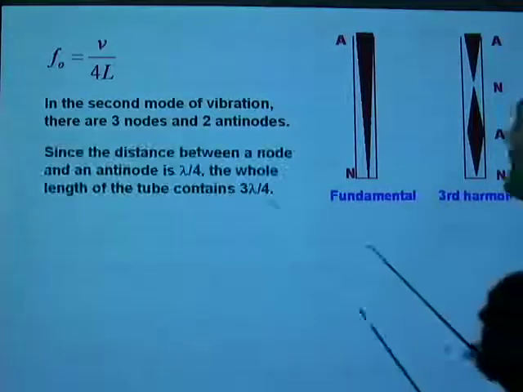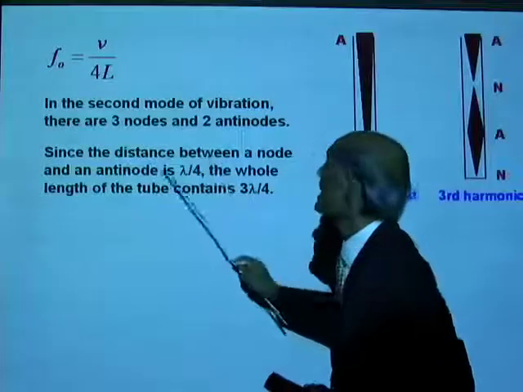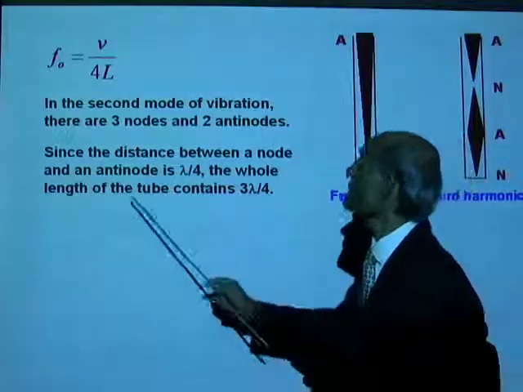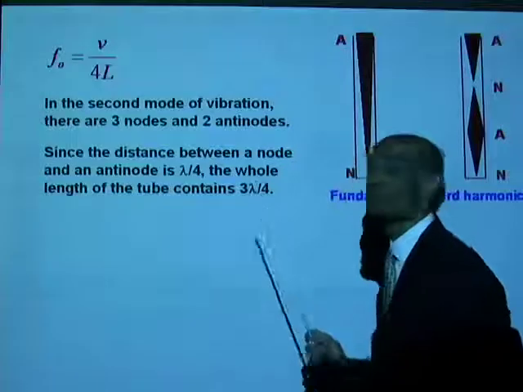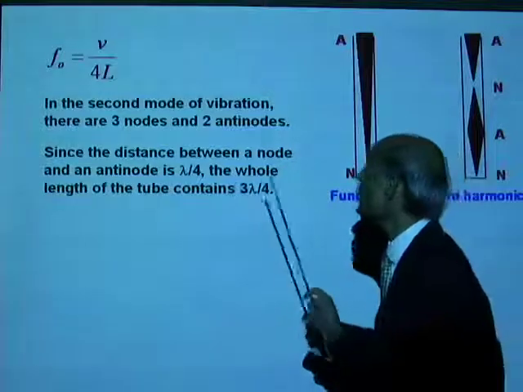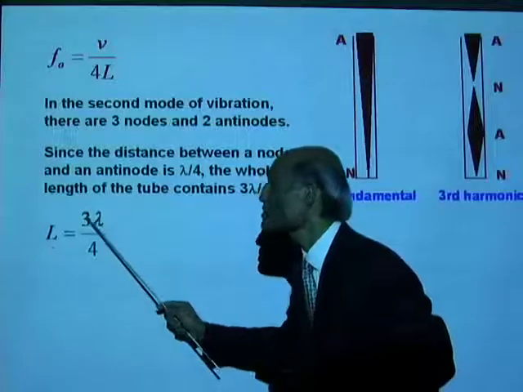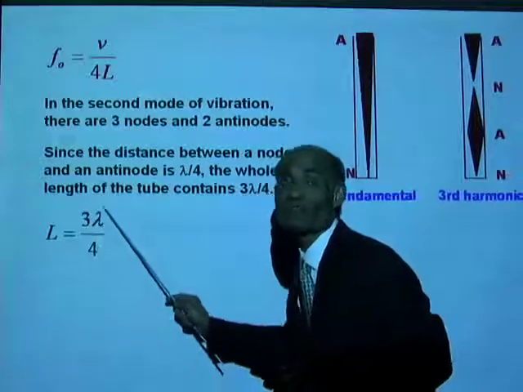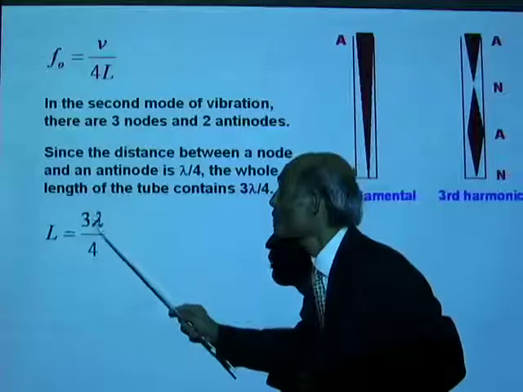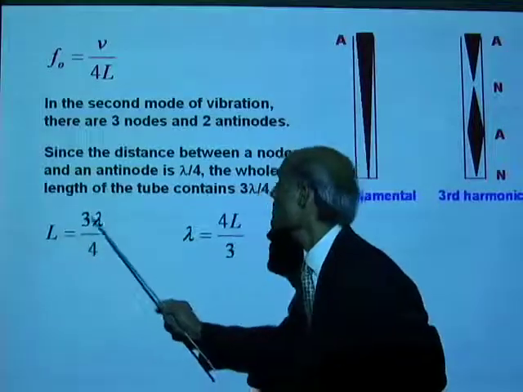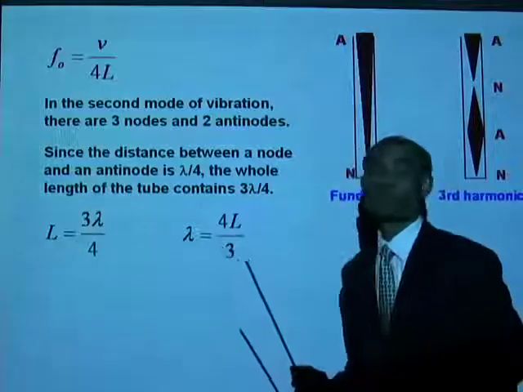Therefore, since the distance between a node and an antinode is 1/4 of a lambda, the whole length of the tube now contains 3/4 of a wavelength. That means L, the length of the tube, is 3/4 of a wavelength. Therefore, what is lambda equal to? Lambda equals 4L divided by 3.